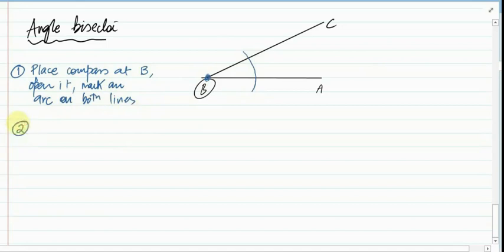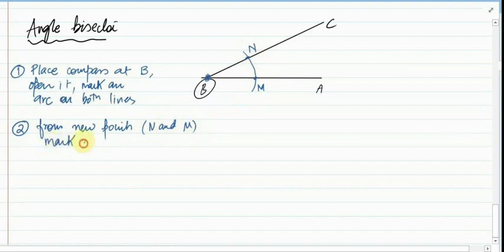Step 2: From the new points, and we have new points, let's suppose I say that this is point N and this is point M. From new points N and M, mark an arc.